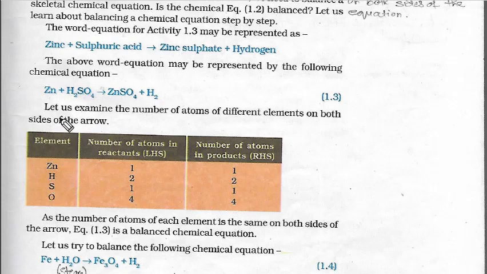Then sulfur is only 1 here, and here also only 1. Next is oxygen, here there are 4 oxygen and here again 4 oxygen. So we can see that the number of atoms of each element is the same on both sides of the arrow, so it is a balanced chemical equation.